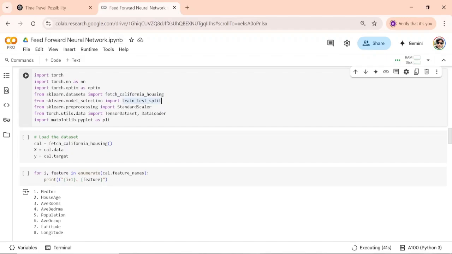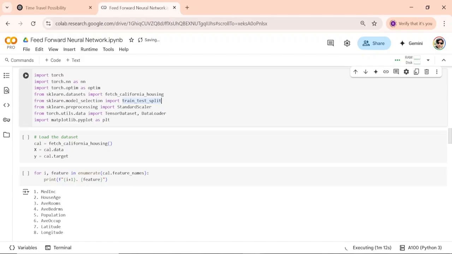So guys, what I am trying to do here is a very simple neural network doing a very simple task, and that is house price prediction, based on the features of a house. There are certain features like MedInc, which I think should be median income, house age, average rooms, bedrooms, and population in the area. These are the features which define the cost of the house in that area.